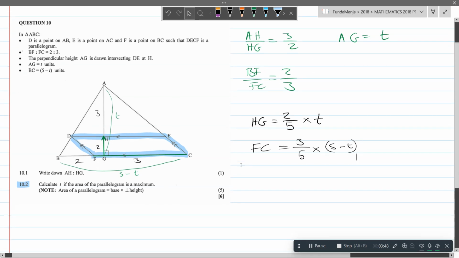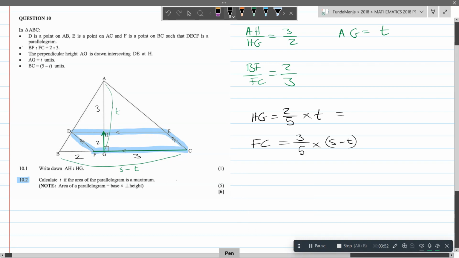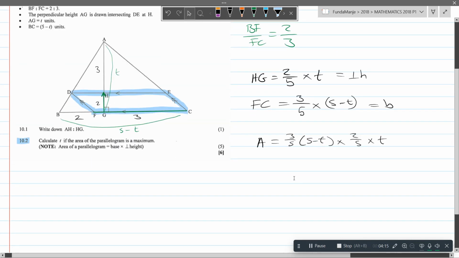So since we now have our perpendicular height, this will be equal to our perpendicular height, this will be equal to our base, then we can write down our area and say area is equal to base times height. So that's going to be 3 over 5, 5 minus T, multiplied by 2 over 5 times T, like that.